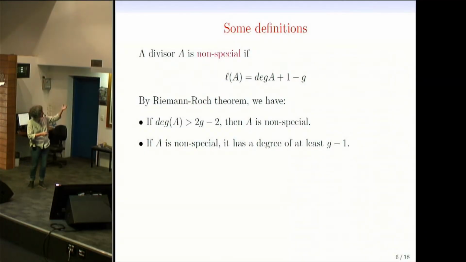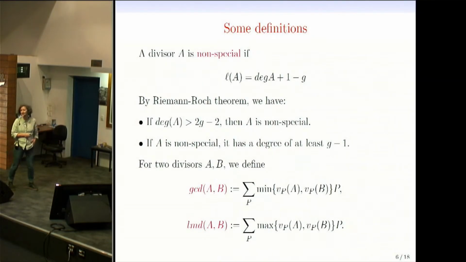And it's easy to see that if A is non-special, then the degree of A has to be at least g minus 1. So you have non-special divisors from degree g minus 1 to degree 2g minus 2, and we want the ones with a small degree, so degree g minus 1 or degree g.